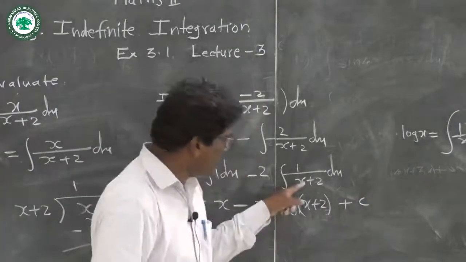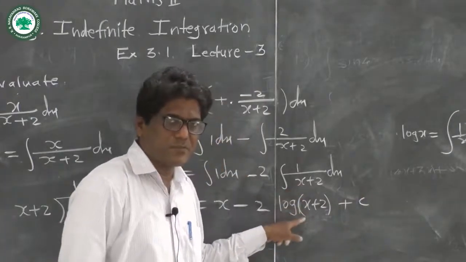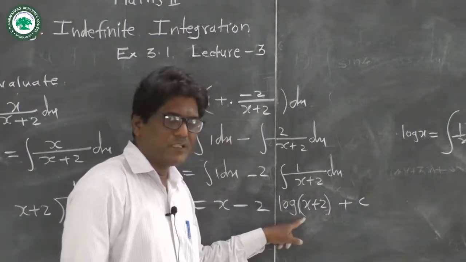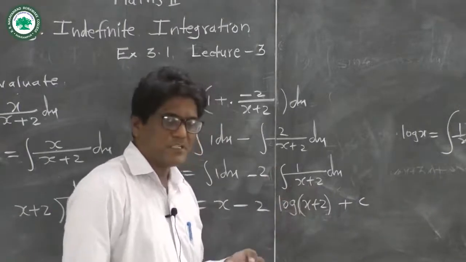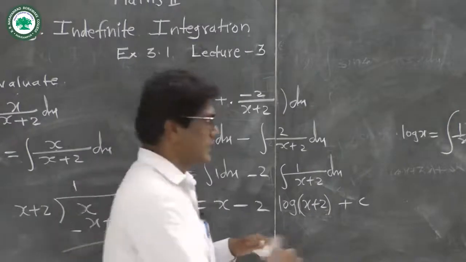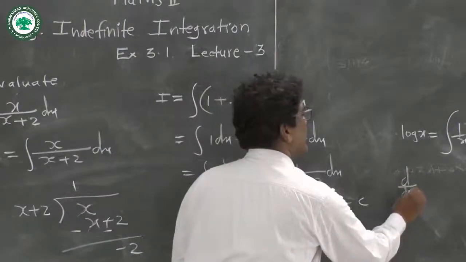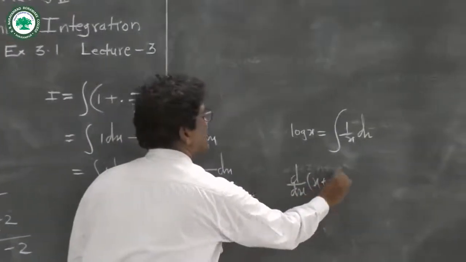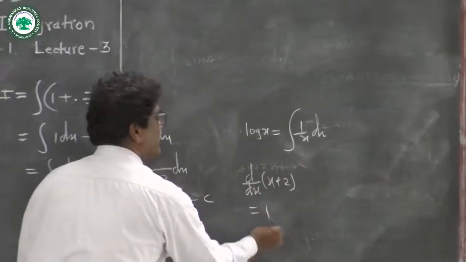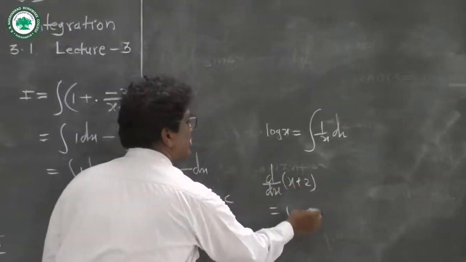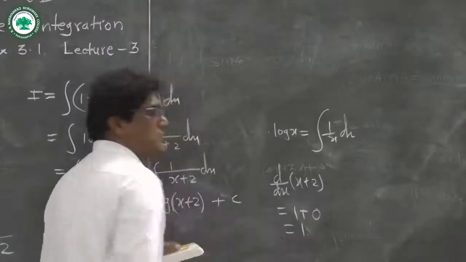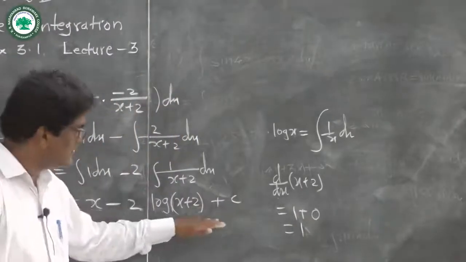Now in place of x there is x plus 2, so we take the derivative of x plus 2. The derivative of x is 1, plus the derivative of 2, which is a constant, so 0. 1 plus 0 is 1, and we divide by 1.